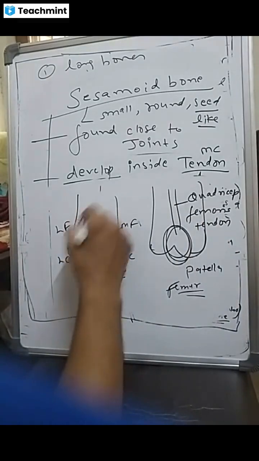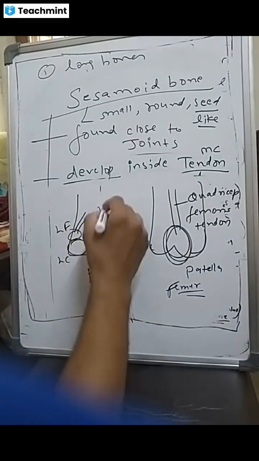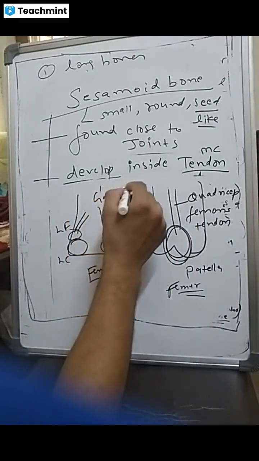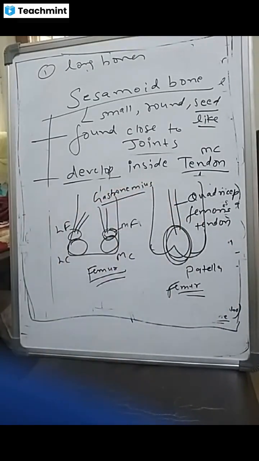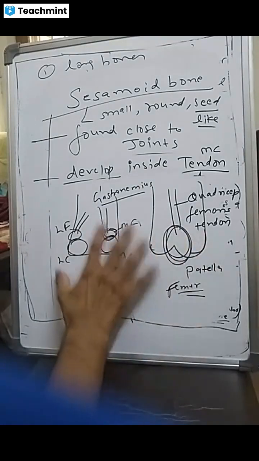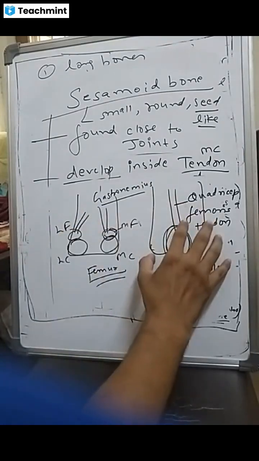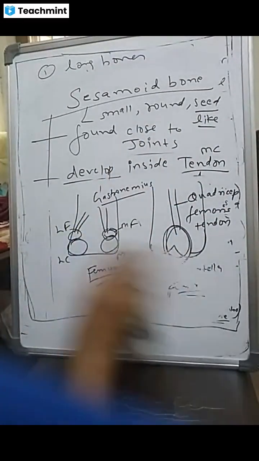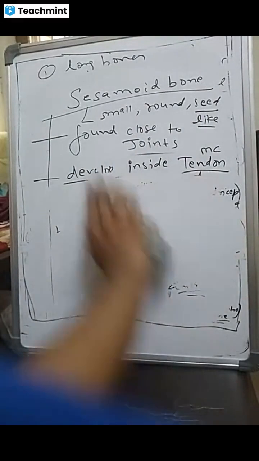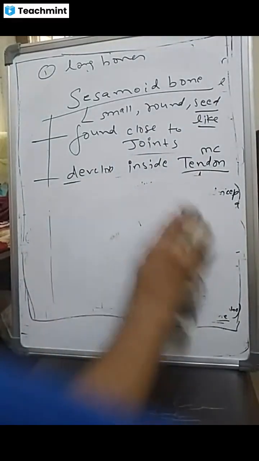And here, the head of which muscle? Gastrocnemius. So remember these sesamoid bones: fabellae, patella, and in the case of the horse, the navicular bone and proximal sesamoid. They are inside the tendon.